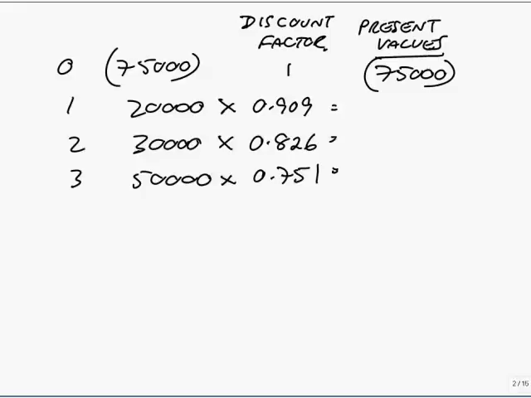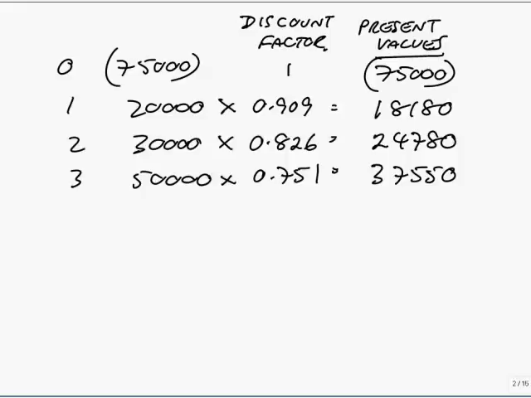So 20,000 times 0.909 is 18,180. 30 times 0.826 is 24,780. 50 times 0.751. They all went exact, but if you do end up with cents, as I said, do it to the nearest dollar unless they say different. Clear?